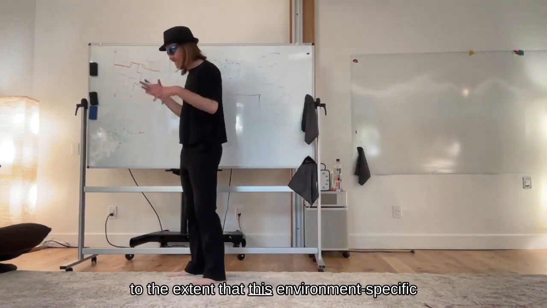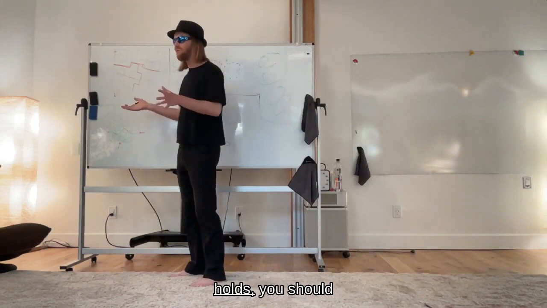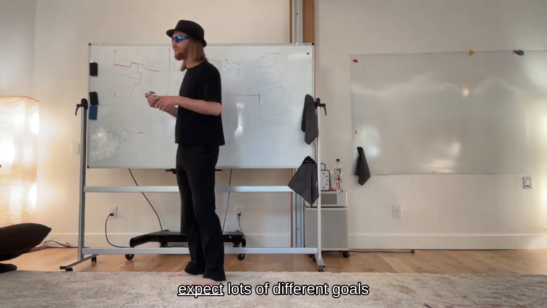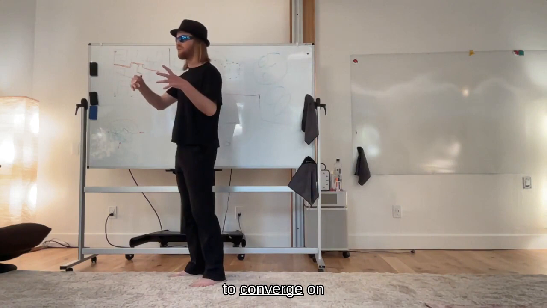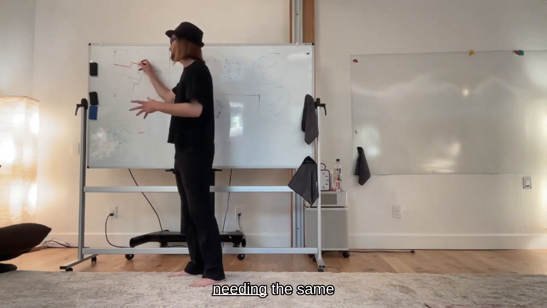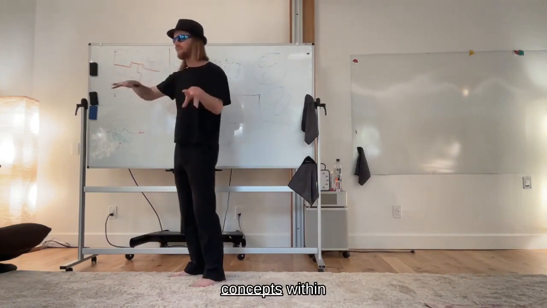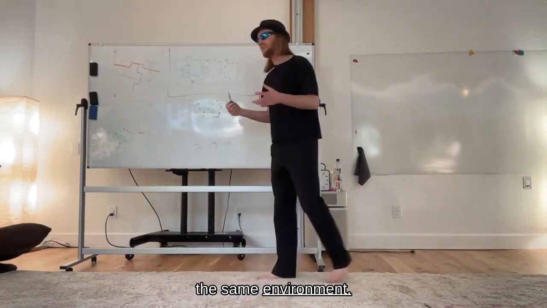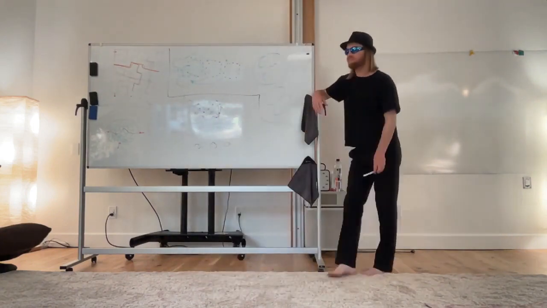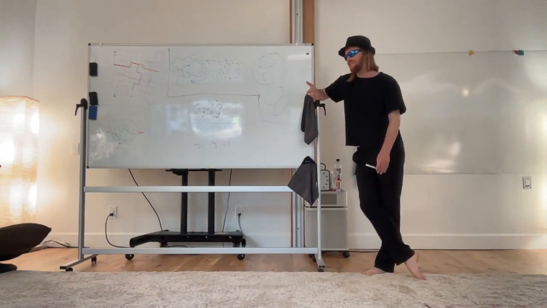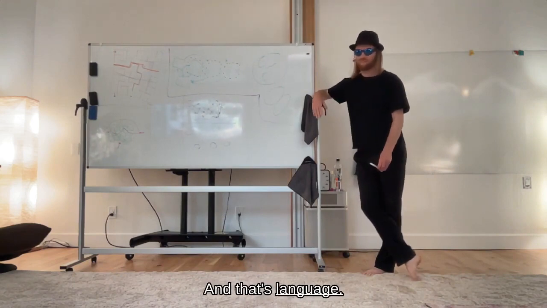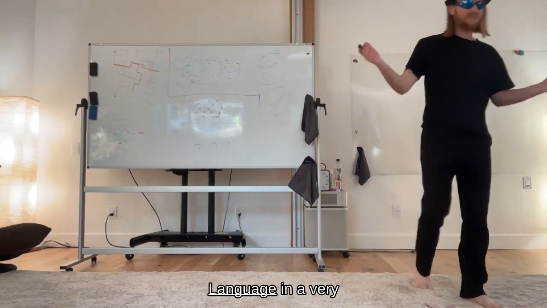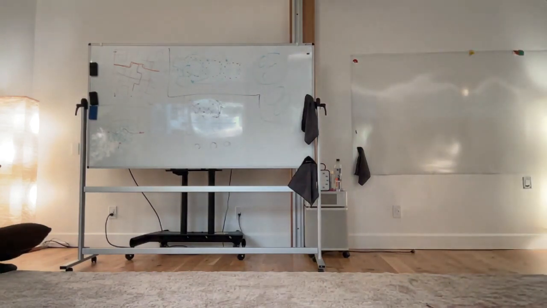To the extent that this environment-specific goal general motto holds, you should expect lots of different goals to converge on needing the same heuristics or needing the same concepts within the same environment. Instrumental convergence is what's doing the work here. Yeah. Okay, and that's language. And that's language in a very small nutshell. High gloss, obviously, but that's the sort of foundation of language. Yeah.